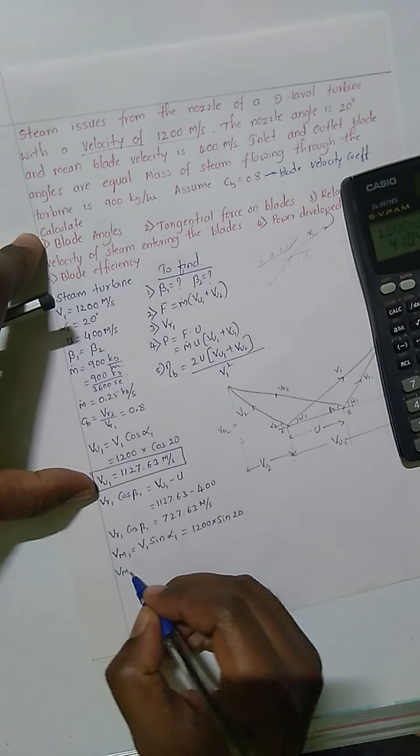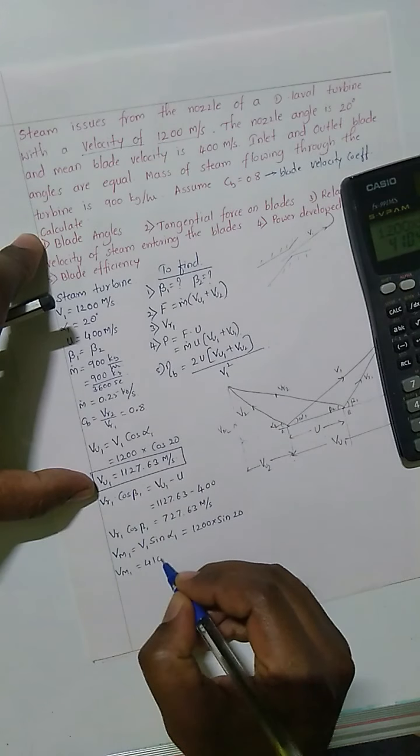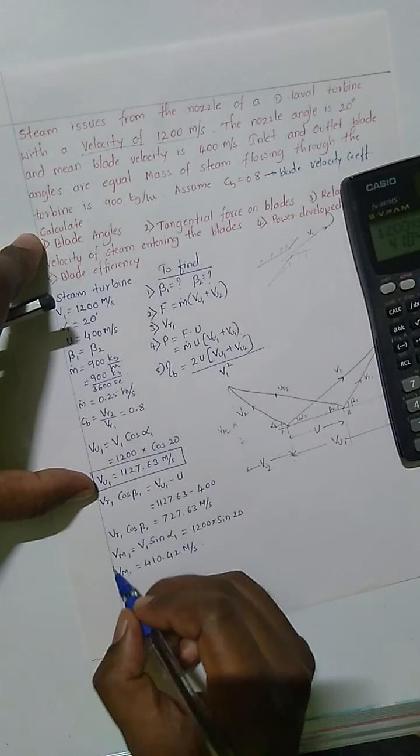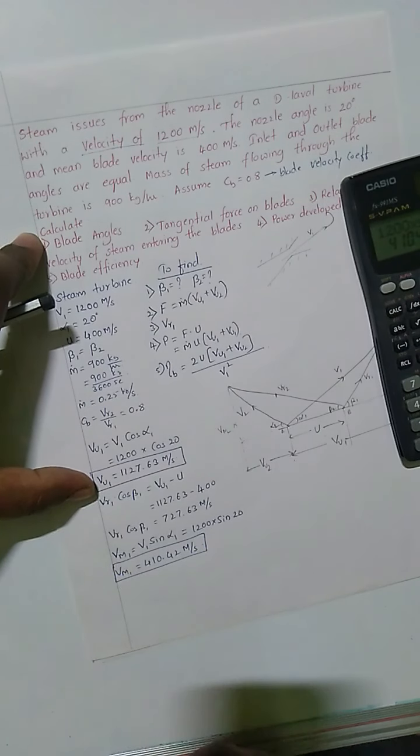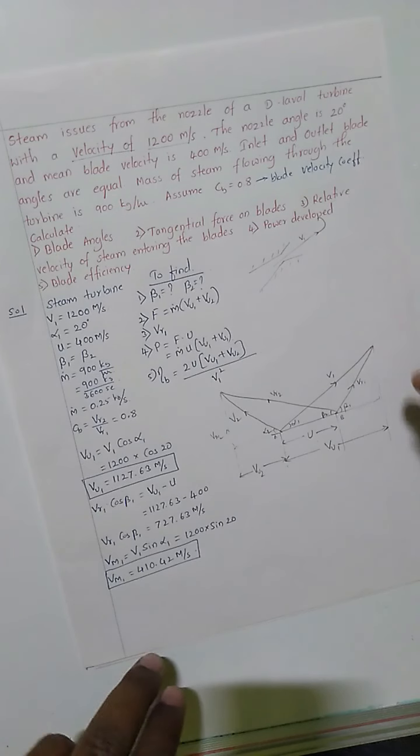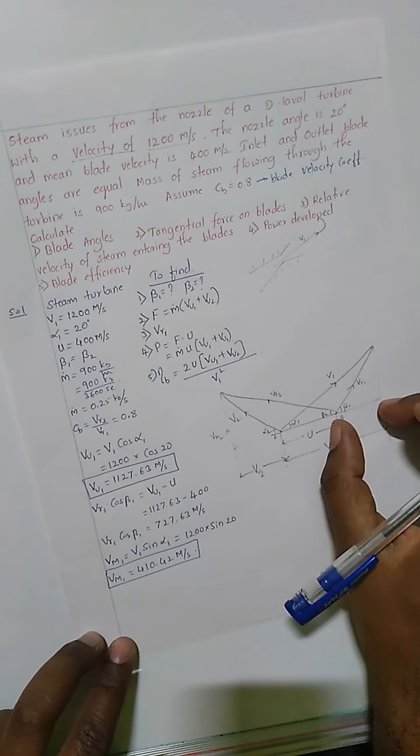So VM1 is 410.42 meters per second. Now we have found VM1, and we know this distance.